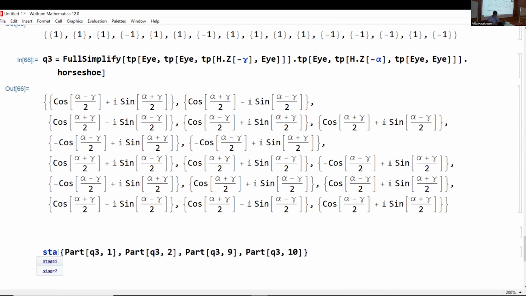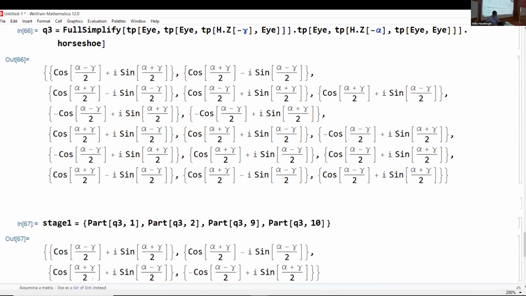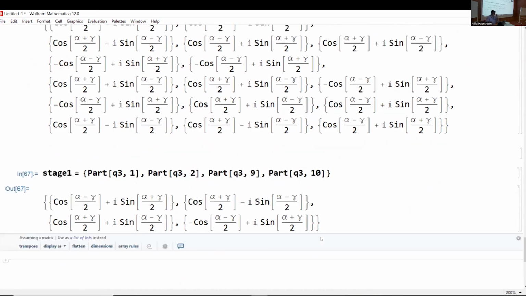So this is after the first stage, so this is stage 1. I have these 4 terms here. These 4 terms represent the state of qubits 1 and 4. Okay, now what I would like to argue is that we have 4 physical qubits.